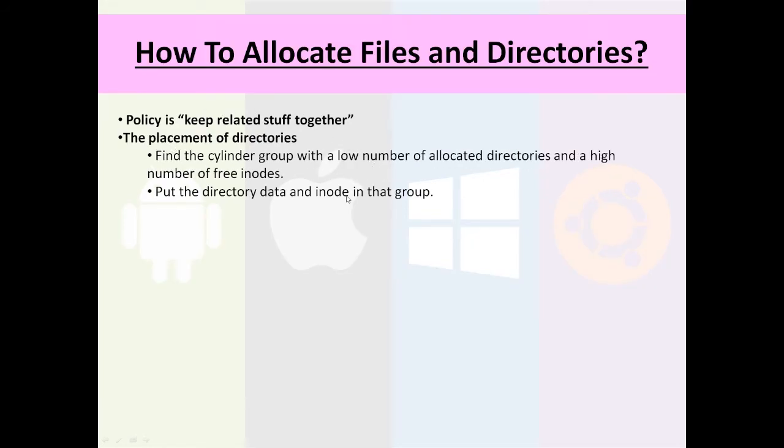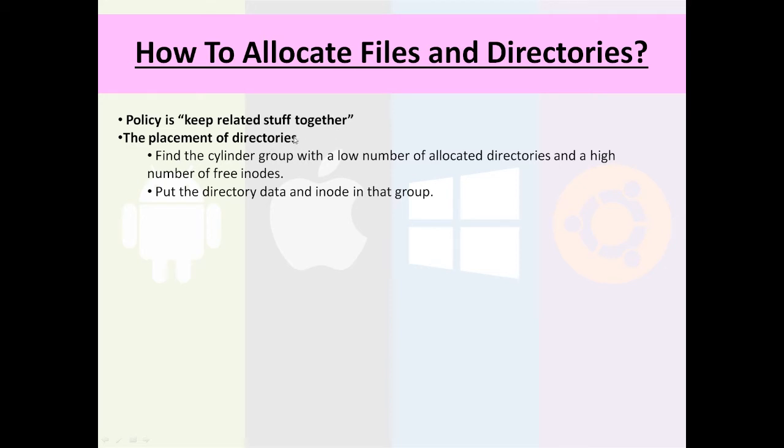With this group structure in place, the question becomes how to place files and directories, as well as their associated metadata, on the disk to improve performance. So the question is how to allocate our files. They had a design mantra that was quite simple: keep related stuff together.